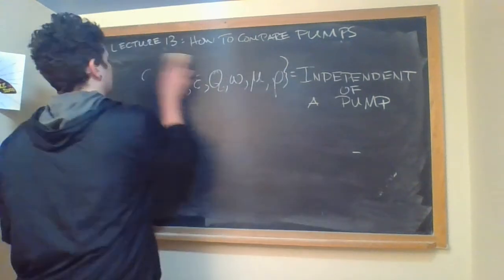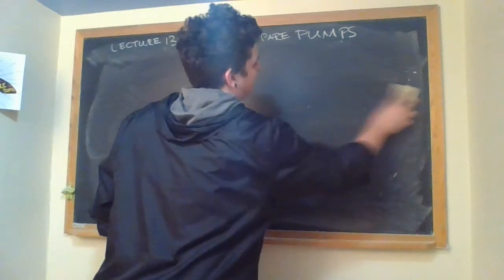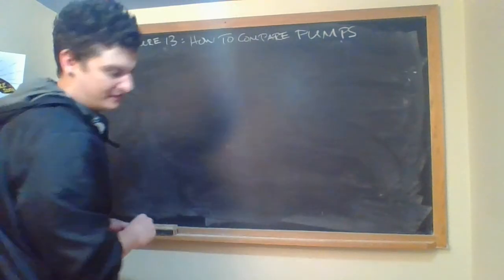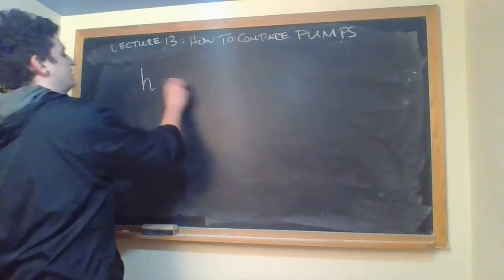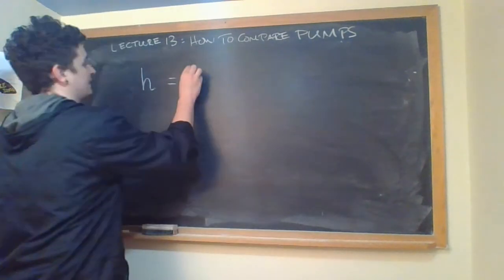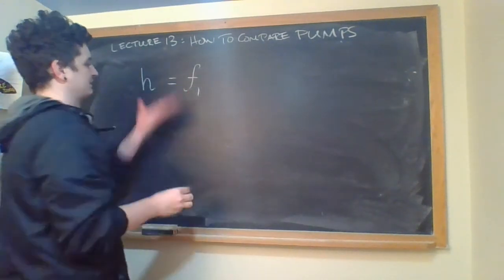So the statement we're mathematically making is an existence statement. We're saying there exist three functions that you don't know what they are. Let's call it F1.